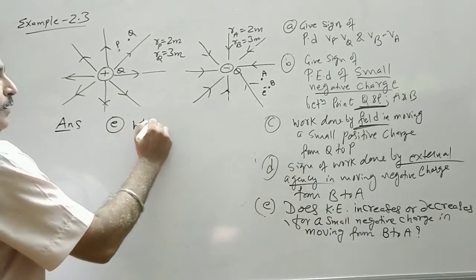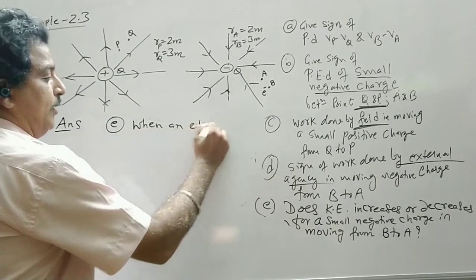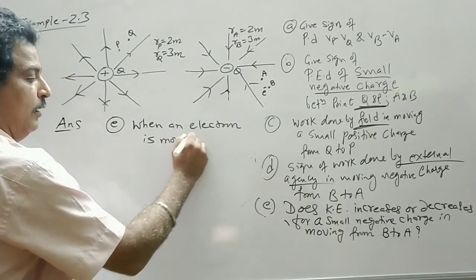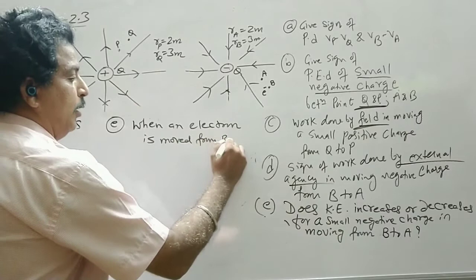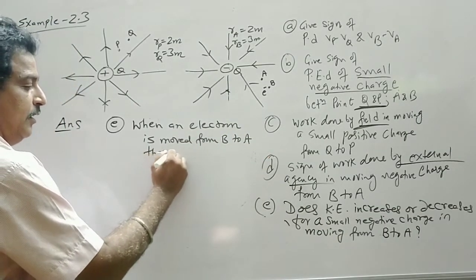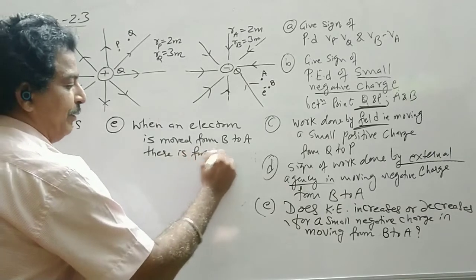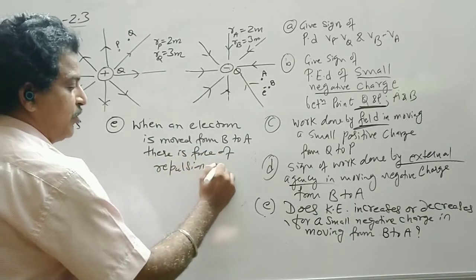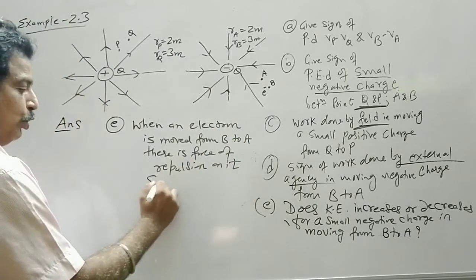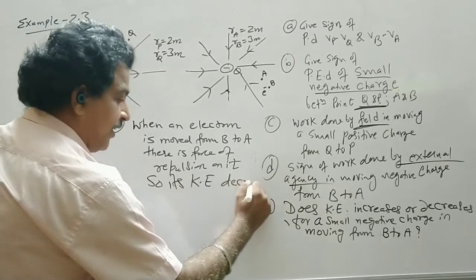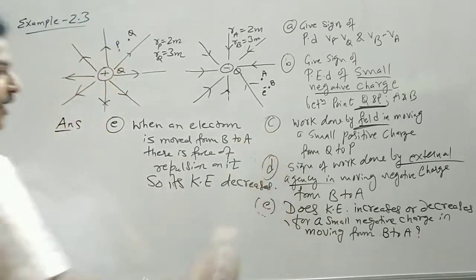So when an electron is moved from B to A, there is a force of repulsion on it. So its kinetic energy decreases. Clearly, it will not move.